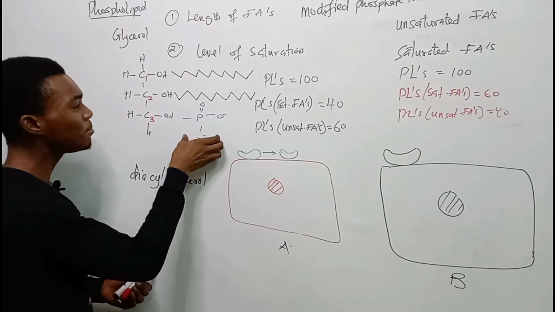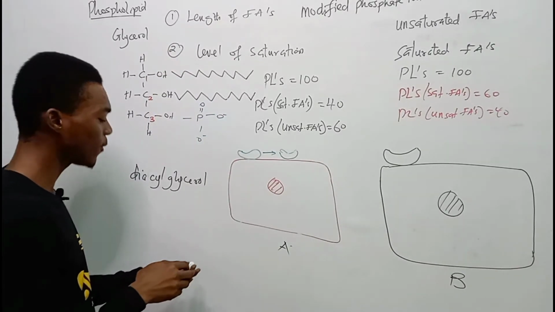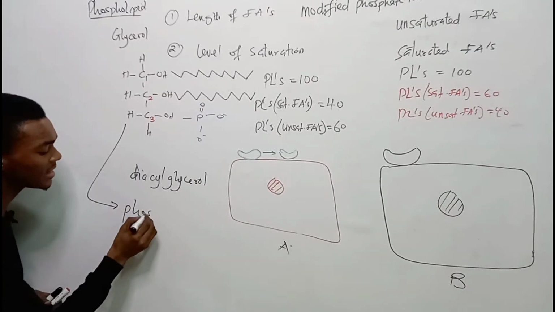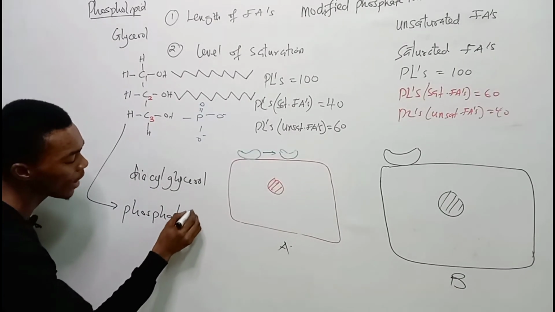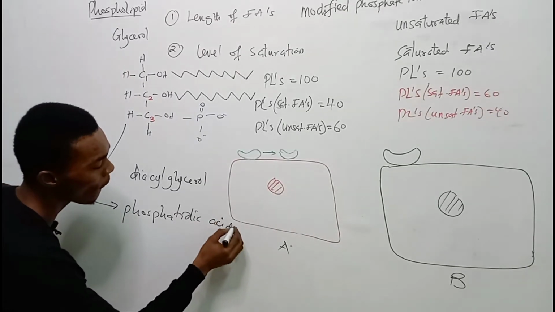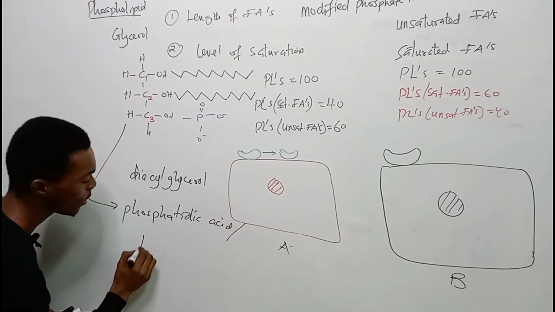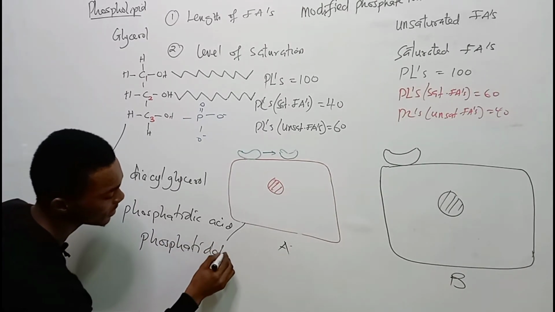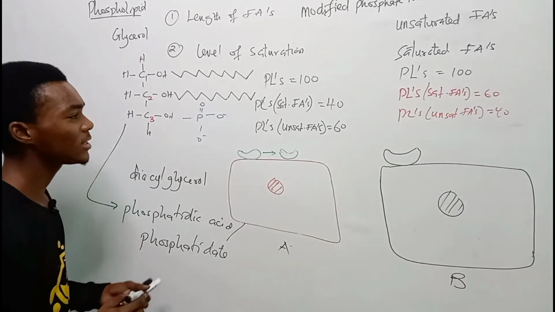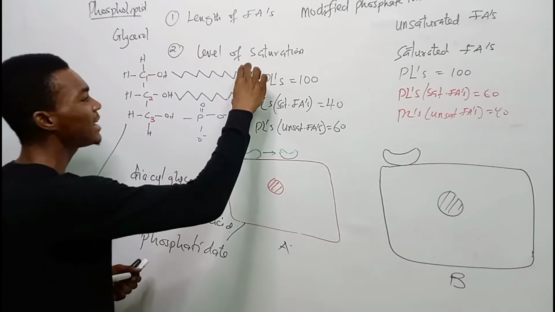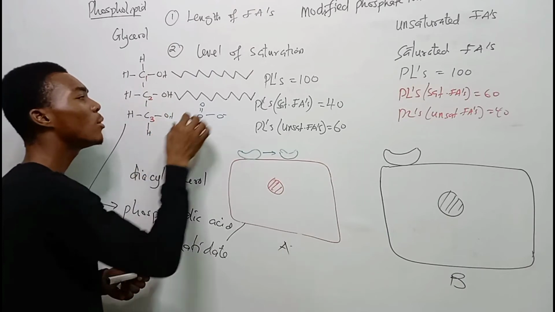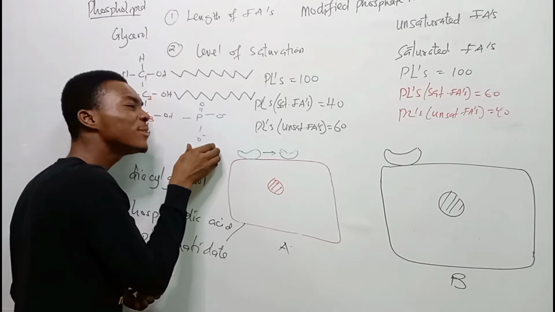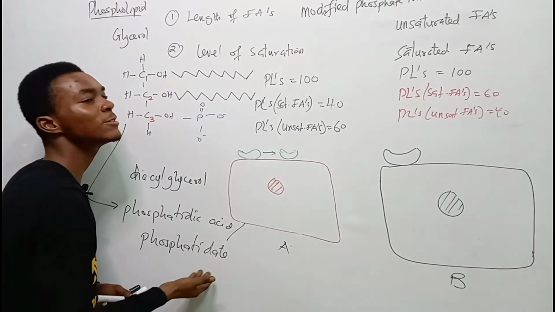This binding to the diacylglycerol transforms this molecule rather to what we call phosphatidic acid, or phosphatidate. So what is phosphatidate? Phosphatidate is our diacylglycerol, which means a glycerol backbone with two fatty acids, attaching to a phosphate ion. That is the meaning of phosphatidic acid.